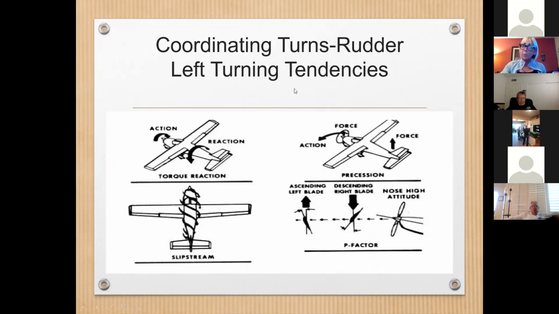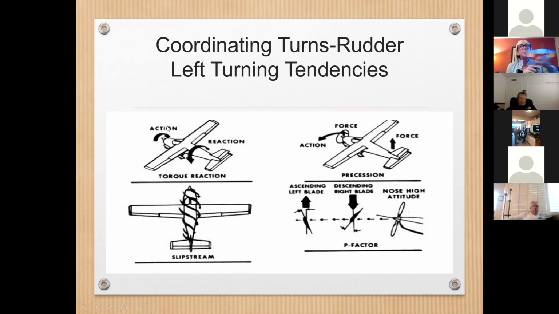In the planes that you guys are flying and that I'm flying, we have left turning tendencies, and this is where we get into the rudder usage. The first one is torque reaction, and that is the motor in the planes. The motor and the propeller, I've got my pointer over here, are spinning to the right.